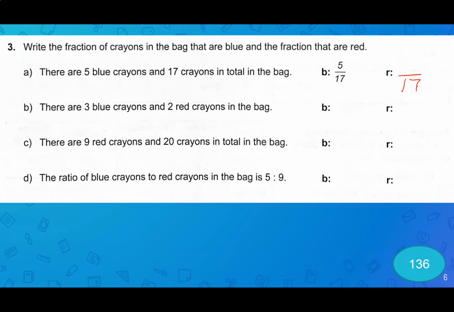There are 17 crayons in total. How many red crayons are there? Well, 17 in total minus 5 blue crayons equals 12. Since there are only blue and red crayons, we know that there are 12 red crayons, 12/17. Please try B, C, and D on your own.